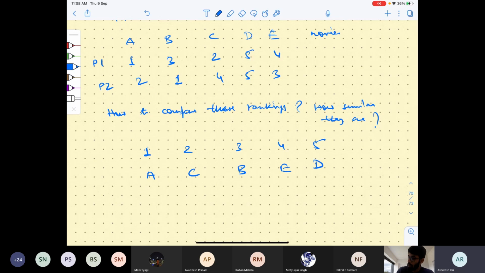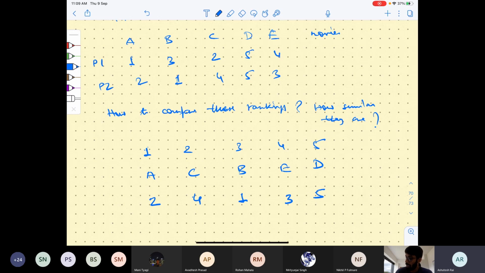And now write down the ordering of these movies for the second person. For the second person, A is second, C is fourth, B is first, E is third, and D is fifth. Okay.